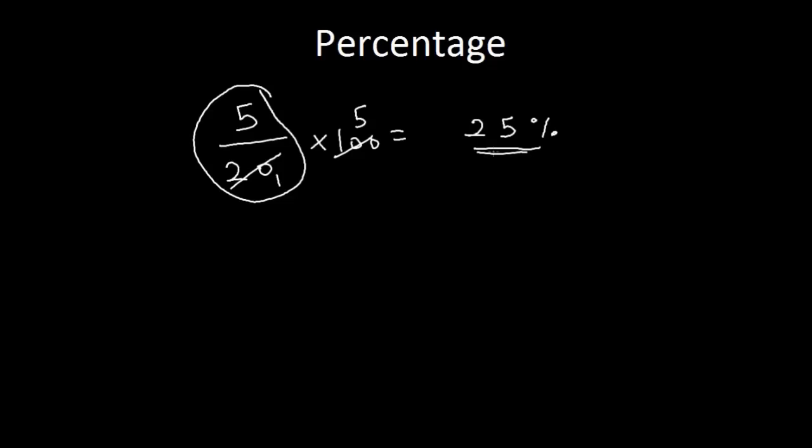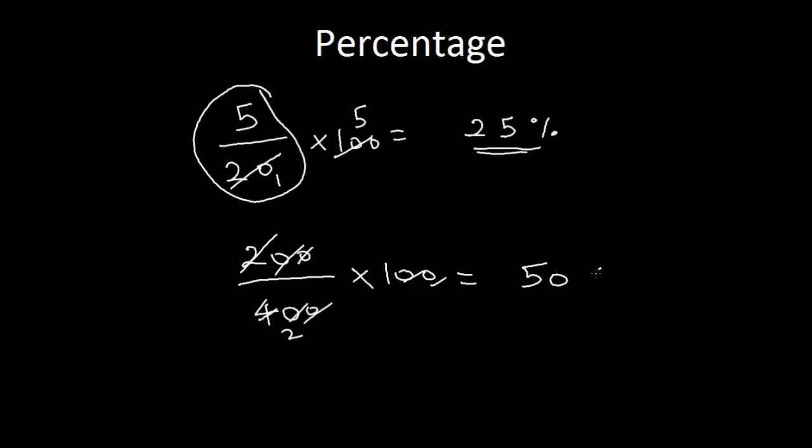So let's see where percentage is actually used. Suppose a friend of mine scores say 200 out of 400 in his term test. If we try to find out his percentage, we multiply this by 100 and we get 50%. So the first friend scores 50%.